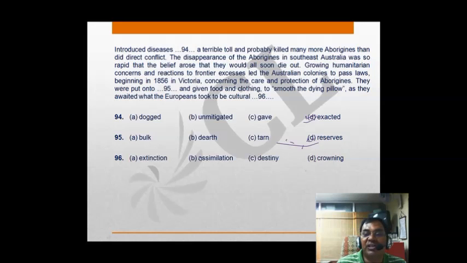To be cultural assimilation, because the cultural, then they join culture and they become part of Australia. So therefore, I am going for these words, okay, and that is how we'll be going.